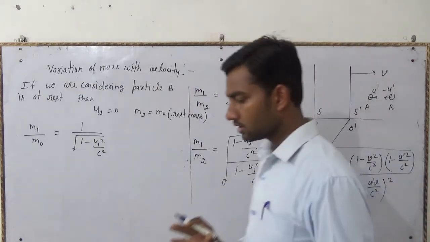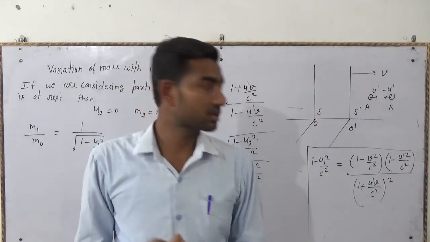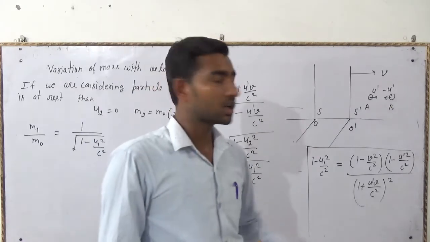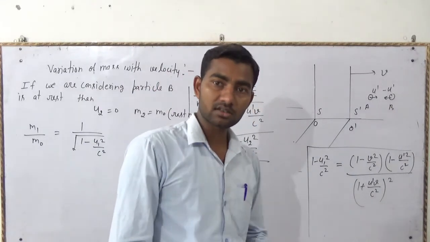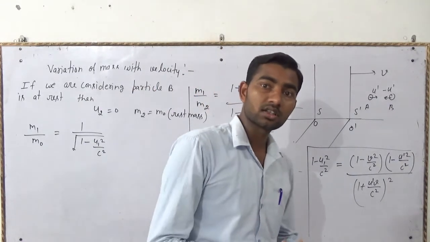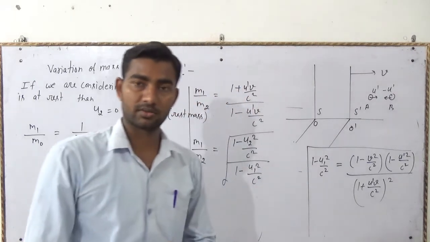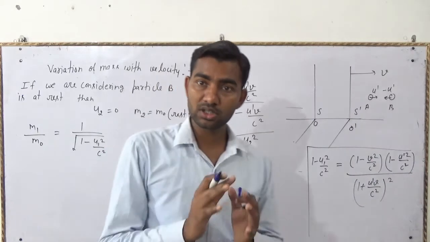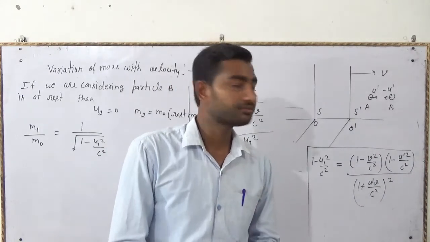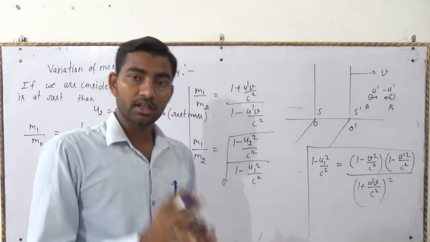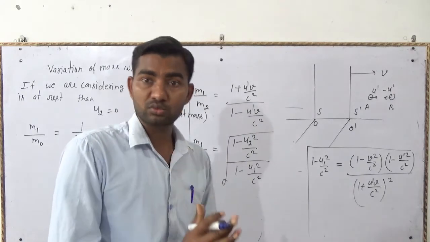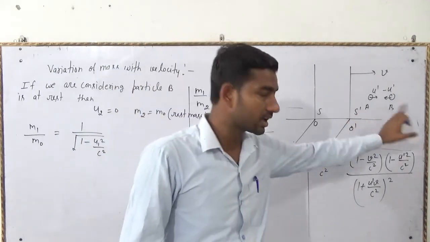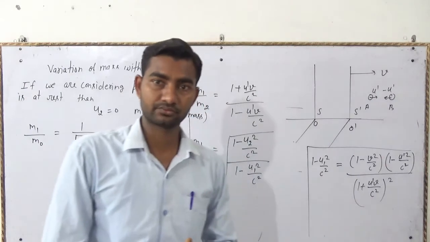Friends, here we are repeating my condition. We are assuming here, if particle B is at rest, then its mass will be rest mass. Friends, remember, please listen to me very carefully. Here we have assumed both particles A and B are identical.